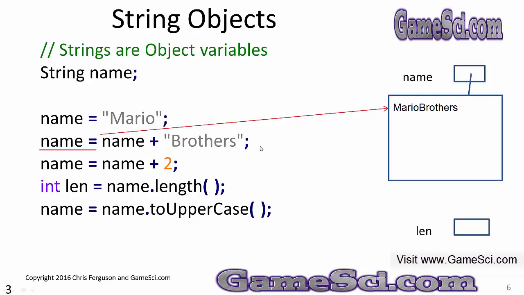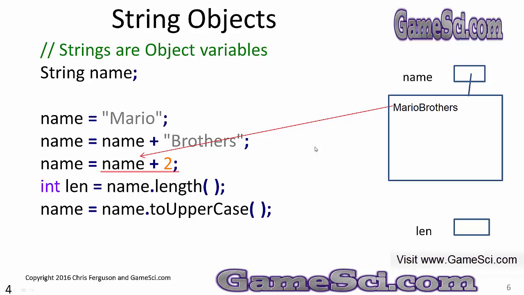Interestingly enough, I can also add numbers to it, but it's not going to add the number 2 like math does. Since this first operand is a string, it's going to do string concatenation. It's going to convert this number 2 to a letter and add it to the variable name.